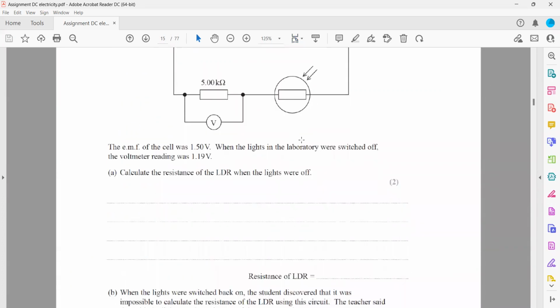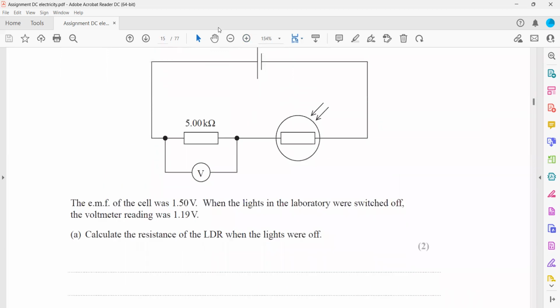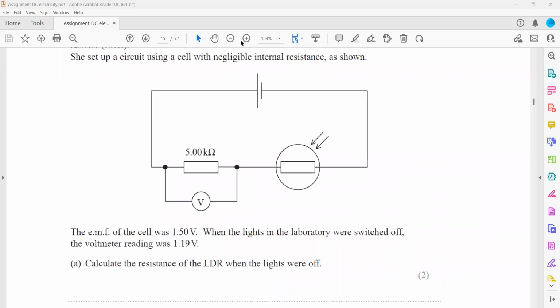This component has a resistance of 9, and the total voltage, the EMF, is still 1.5.